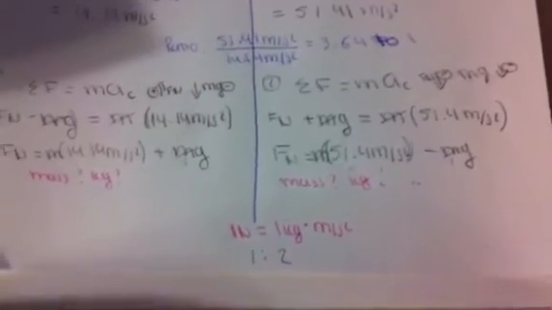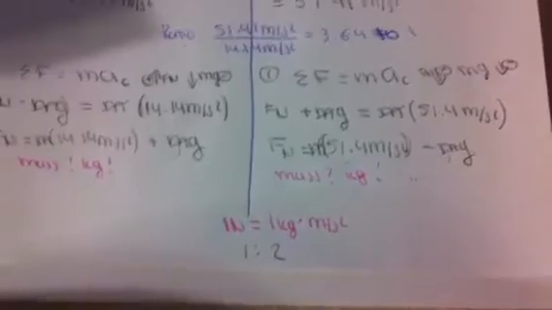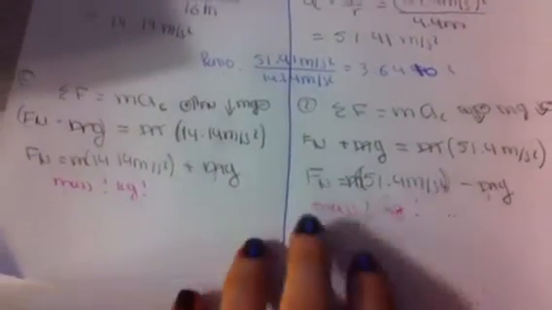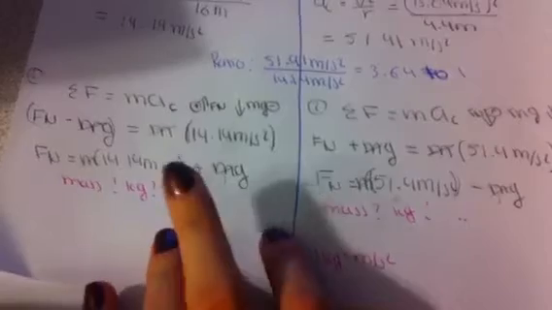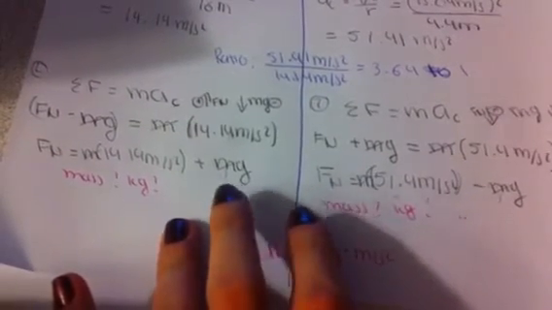Although you could pretty much tell still that the Fn of the top loop is going to be approximately 2 times bigger than the bottom of the loop.